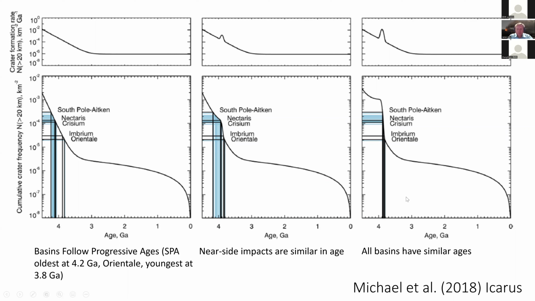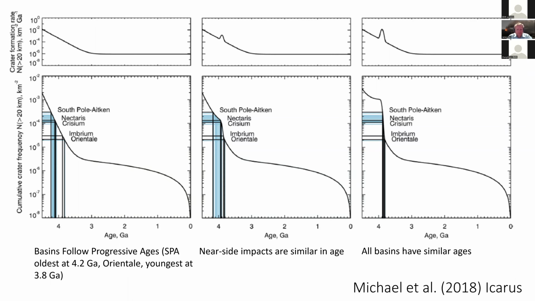Whereas if we have much more tightly spaced ages for these basins, we would have a late heavy bombardment. The key here is that we need to know which impactors come from which basins and what ages they are preserving. This is the key problem.